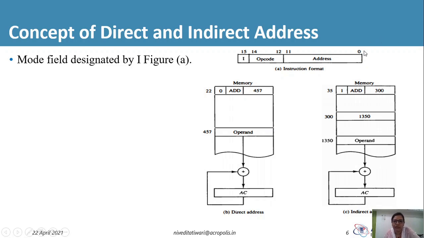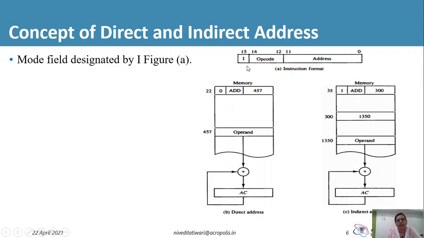We define these 16-bit values on the upper side of the format, from 0 to 15. Here in this instruction format, three fields are available: the address field contains the 12-bit address, the opcode contains the 3-bit opcode, and the last and important field, the mode bit, is represented by the capital letter I, and it contains 1 bit.